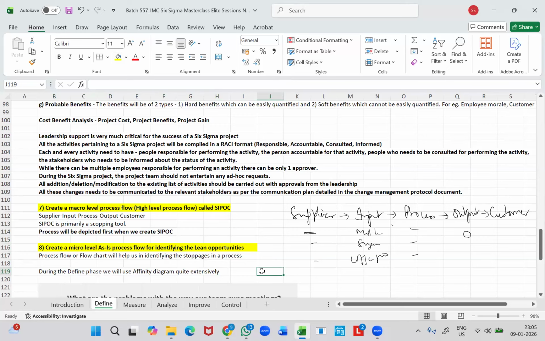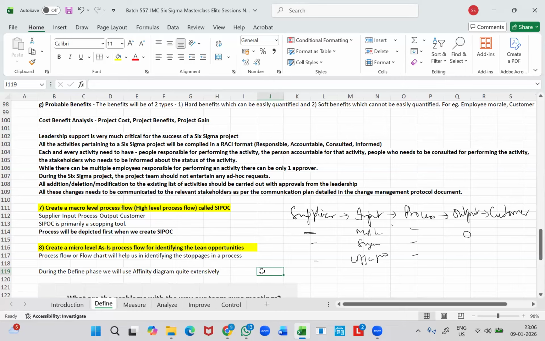In fact, there are three types of process flows which we need to understand as a black belt. So the first one is the ideal process flow. So the ideal process flow is the one which will be available in the process document. So we all need to follow that ideal process flow and execute the process. So that is the expectation.